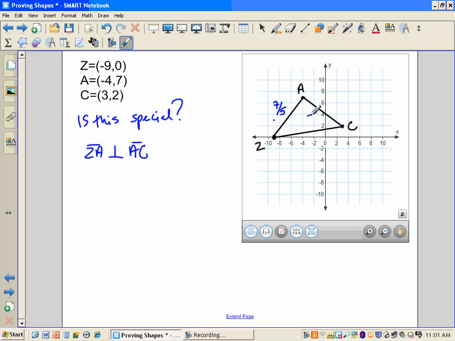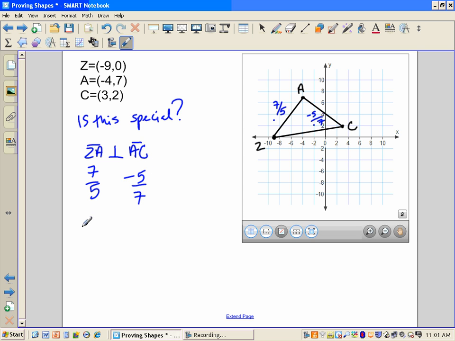So I went down 5, and I'm going 1, 2, 3, 4, 5, 6, 7. Negative 5 over 7. It appears, since the slope from Z to A is 7 over 5, that it is the opposite reciprocal of the slope from A to C, which is negative 5 over 7.